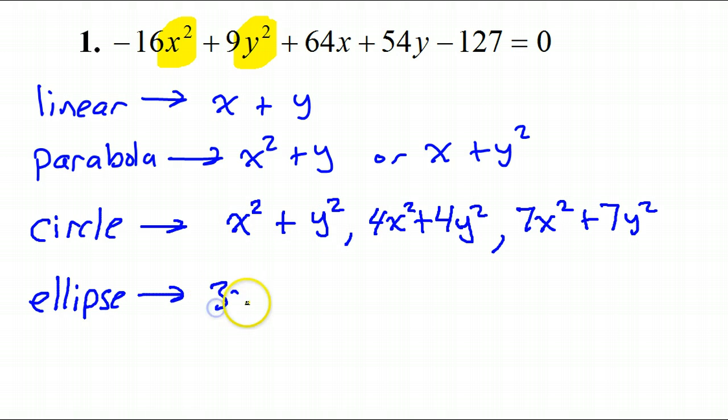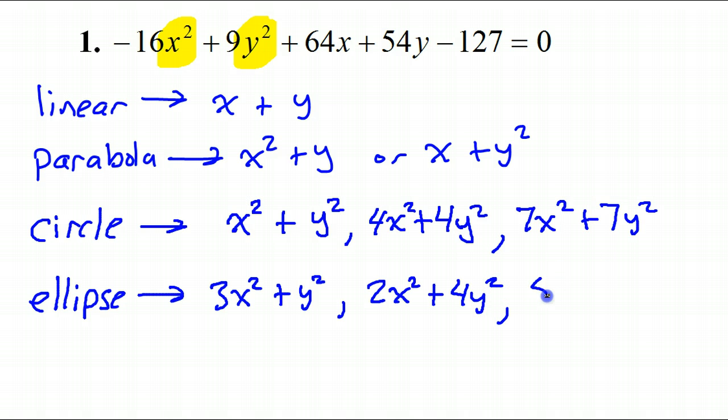So for example, 3x squared plus y squared, or 2x squared plus 4y squared, or 5x squared plus 6y squared. If they're not the same, it has to be positive though. Everything has to be positive. Both things have to be squared. But if the coefficients are the same, it's a circle. If the coefficients are different, it's an ellipse.